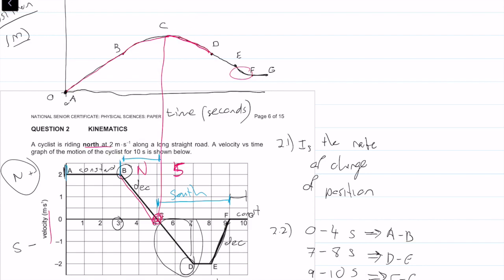And then we have a constant velocity once again, and a similar gradient to before, so the gradient on these two should be the same. Then we have a nice steep change in velocity, and then this last leg here, his velocity is 0, so there cannot be a change in position.